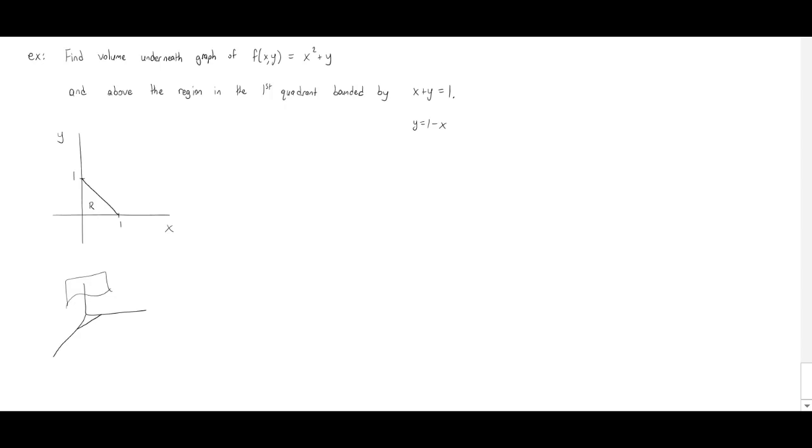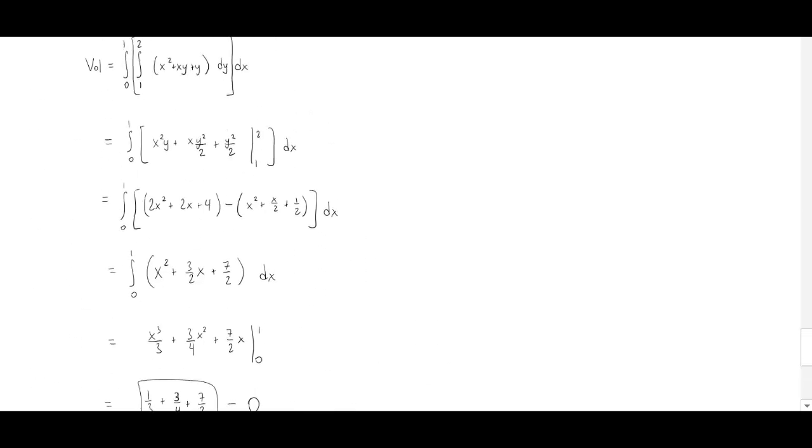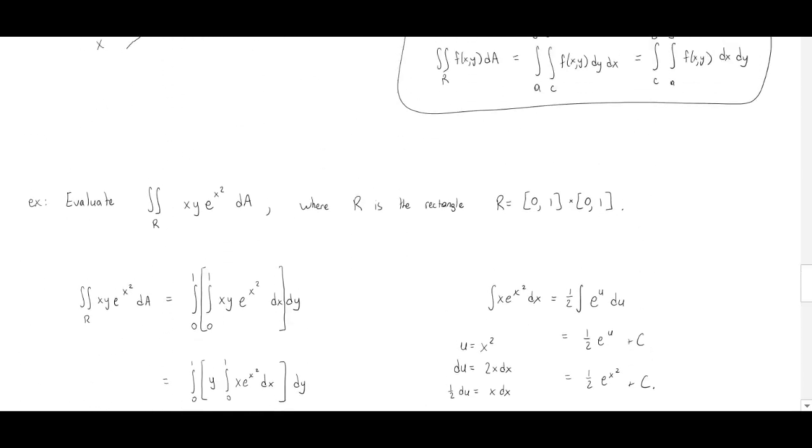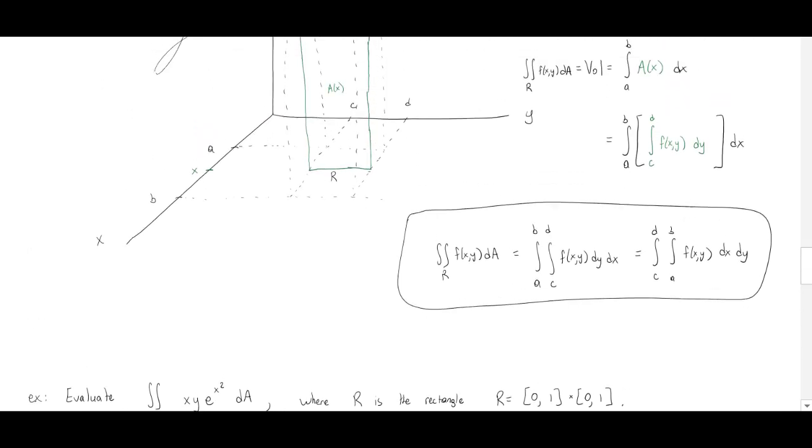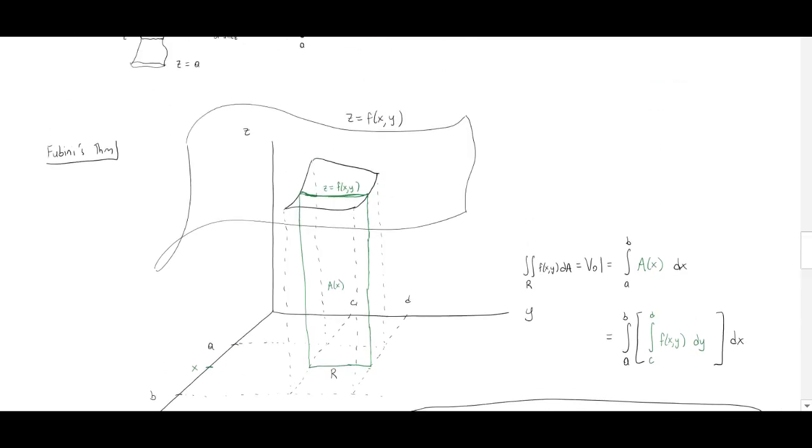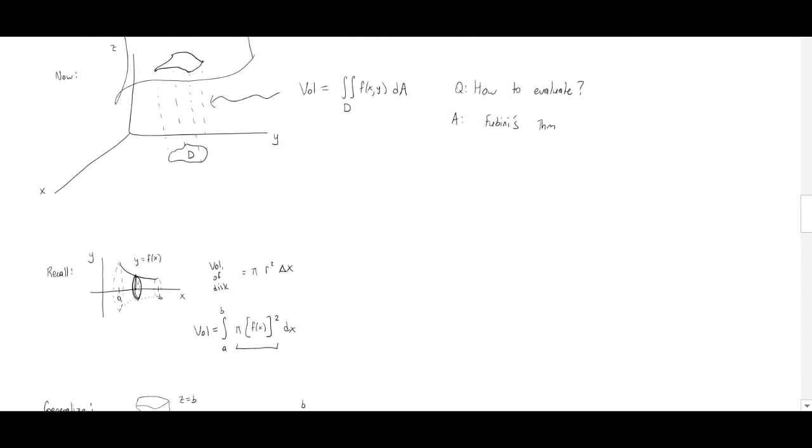Okay. Now, we've so far been focused on rectangular regions, right? But it didn't have to be rectangular. So let's see what happens when the region is not rectangular, okay?